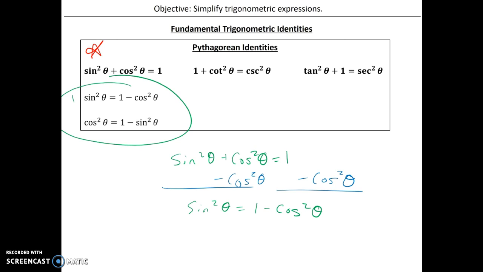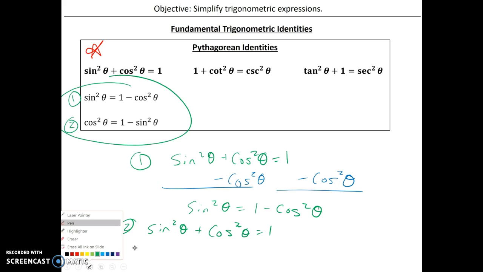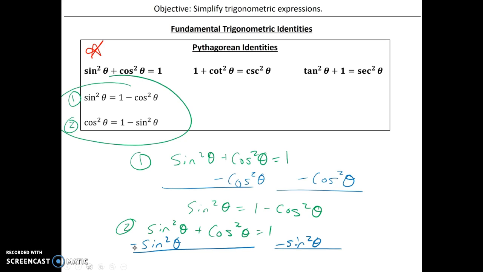We'll see some examples. Again, using sine squared theta plus cosine squared theta equals 1, if I subtract sine squared theta to the other side, we get the second identity: cosine squared theta equals 1 minus sine squared theta.